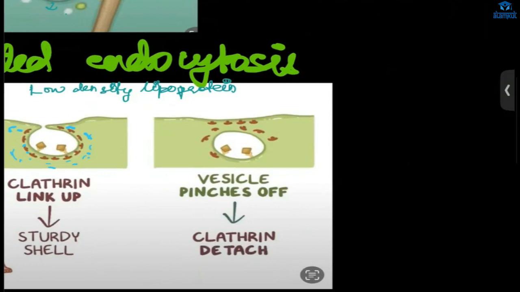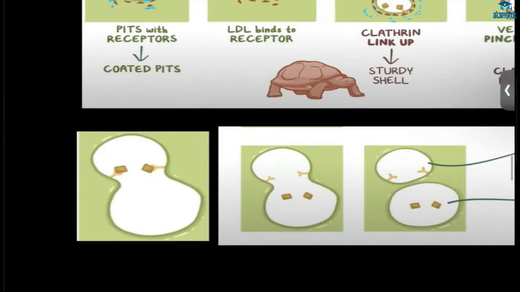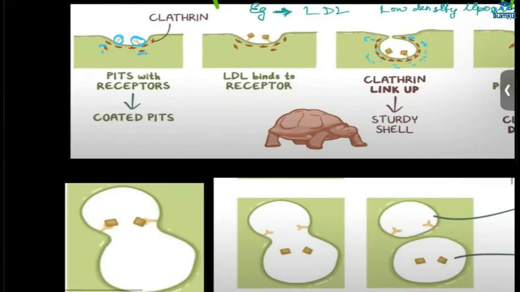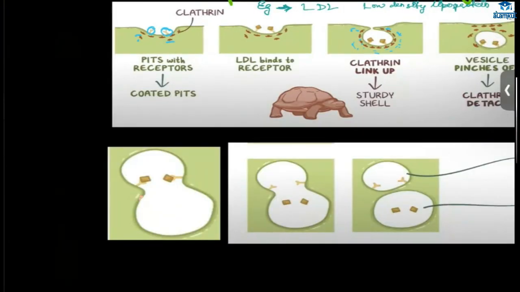This clathrin will detach, and this vesicle will join with an endosome, which is a type of vesicle. It allows this LDL and this receptor to split up.